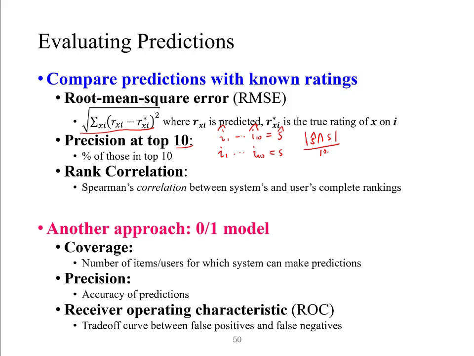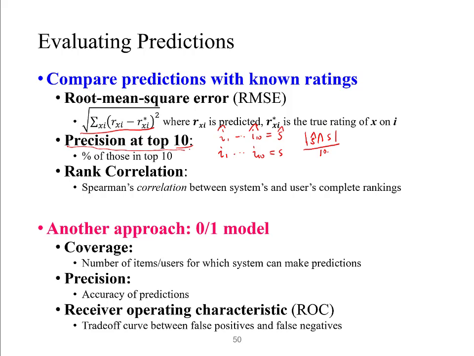If we consider this scenario, there are also some measurements that can be used to evaluate the predictions. For example, the coverage, which is the number of items or users for which a system can make predictions. Or precision, which is the accuracy of predictions. It is similar to the precision at top 10 here.